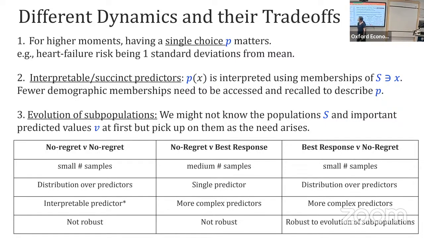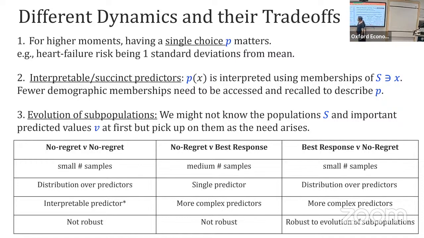The second consideration that's also subtle is how do you really implement this predictor P once you find it? And this is related to the question that Yanni was asking earlier. I will call this succinctness versus interpretability, with an asterisk that interpretability means so many different things. So what do I mean by this?